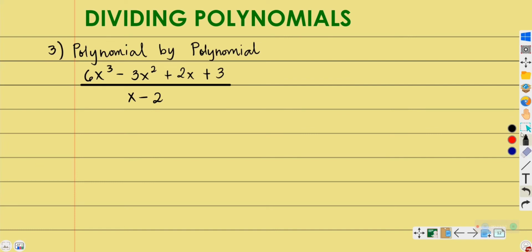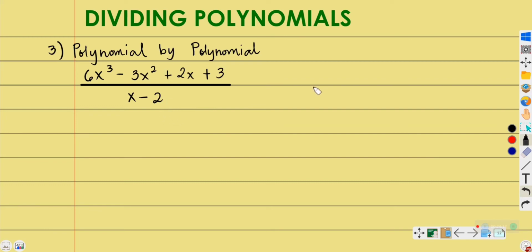Check muna natin, naka-arrange po ba in standard form ang ating dividend at divisor. So, tingnan nyo yung mga exponent ng variables kung pababa siya. 3, 2, 1, and then walang variable. Ibig sabihin, ang degree ay 0. So, tama. 3, 2, 1, 0. And then, ito naman, 1, 0. So, naka-descending na siya. Ibig sabihin, check na tayo. Standard form.